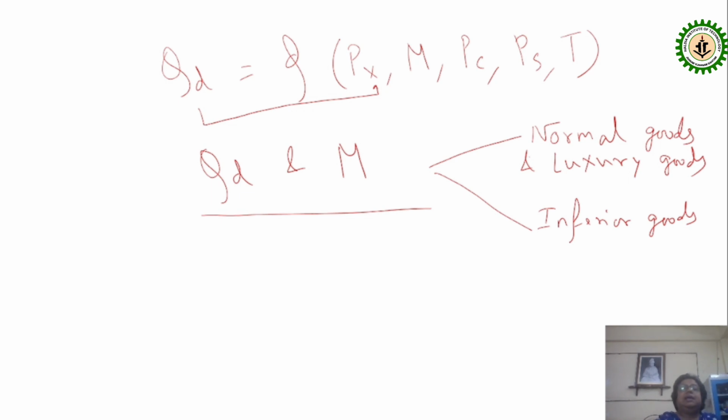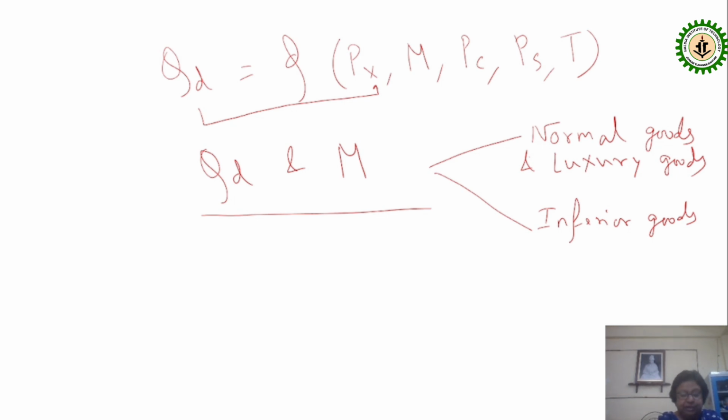Whatever will be my normal good, my luxury good, or my inferior good depends on my income bracket. There is no particular labeling of goods as normal, luxury or inferior. It varies from person to person because income varies from person to person.